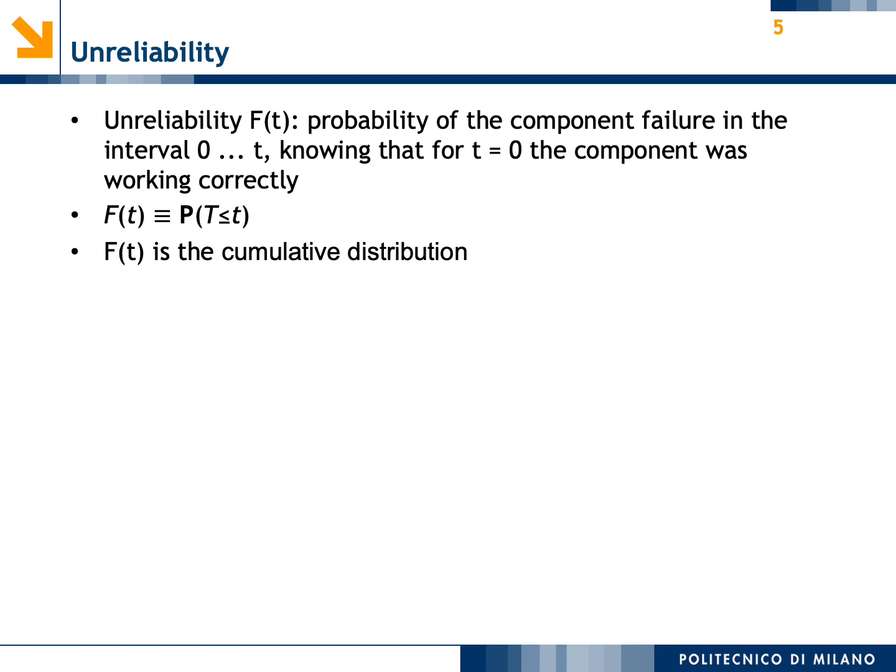More interesting and a bit more concrete in our direction is the cumulative distribution that can be derived from the probability density function seen in the previous slide. This cumulative distribution is called unreliability and represents the probability of having a failure in an interval between 0 and t. In other words, capital F of t, that is the unreliability, is the probability that the fault, represented by the random variable capital T, is smaller than t.